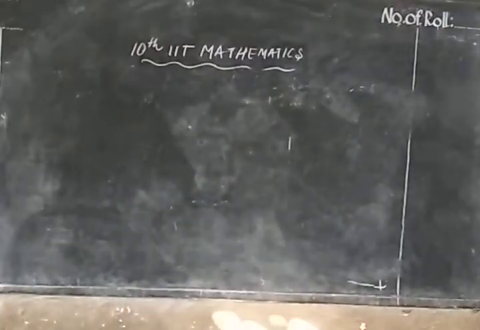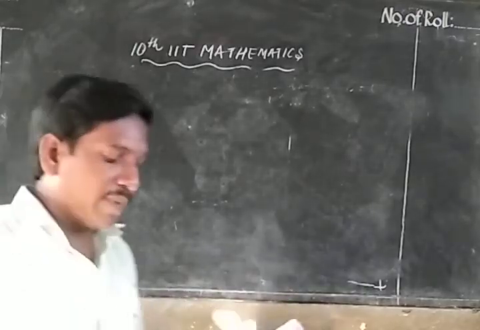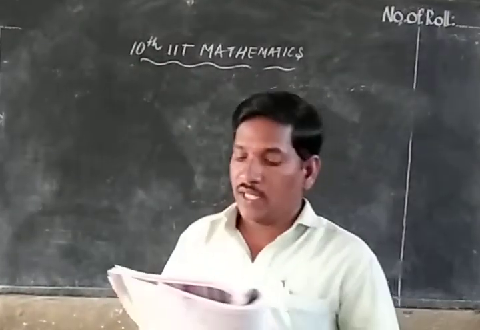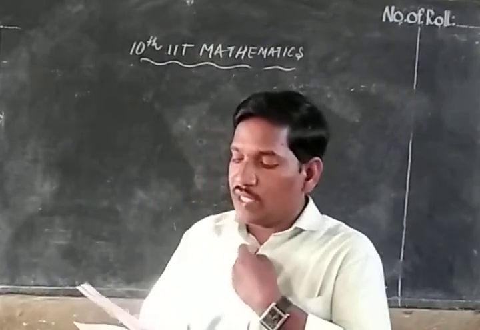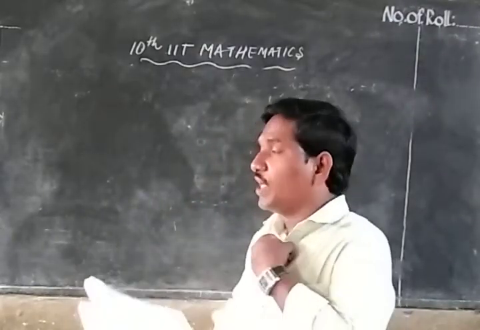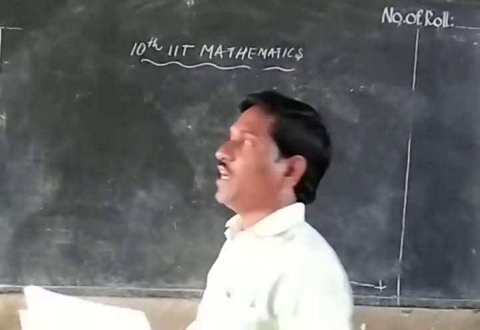Next one, the equation to the normal to the parabola y square equal to 4ax and having the slope m is y equal to mx minus 2am minus am cube.